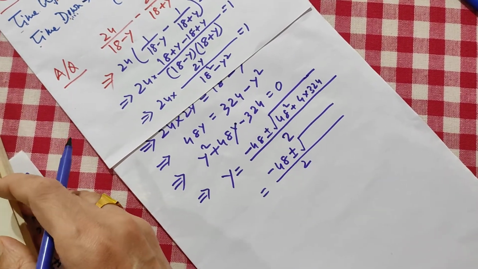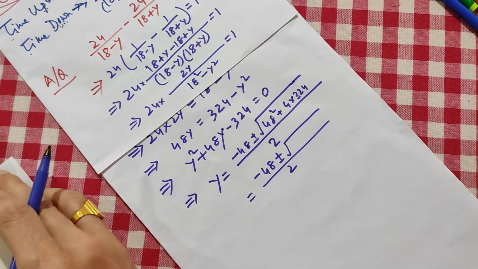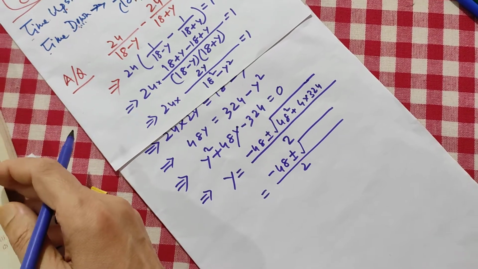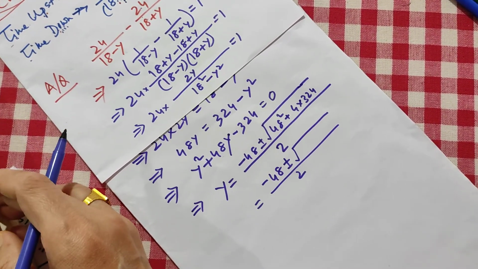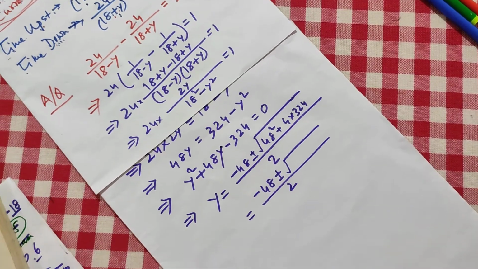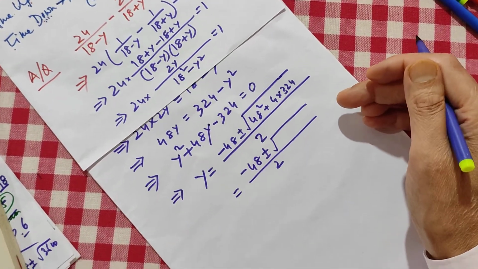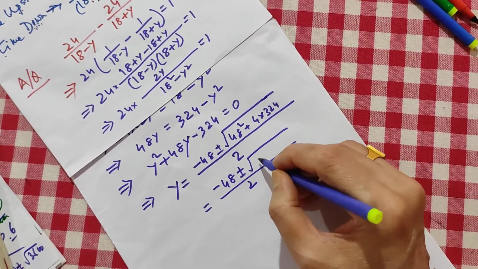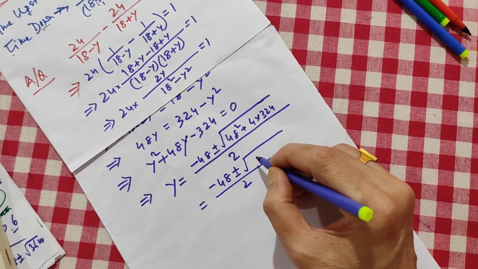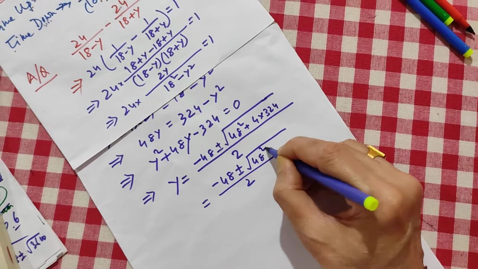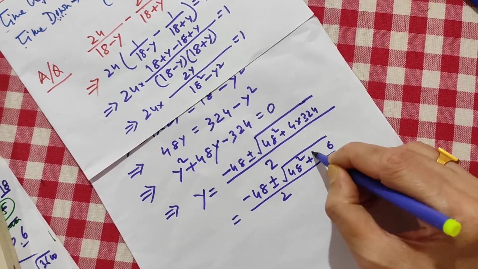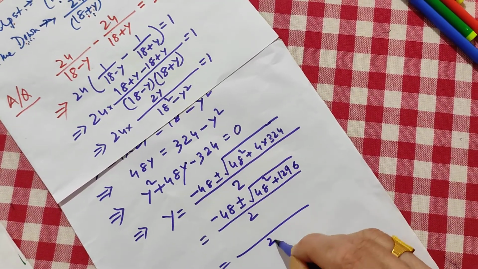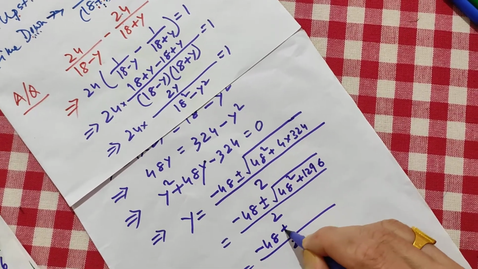So by solving you can get the answer. So finally you will get y equal to minus 48 plus minus root of (48 square plus 1296), over 2.